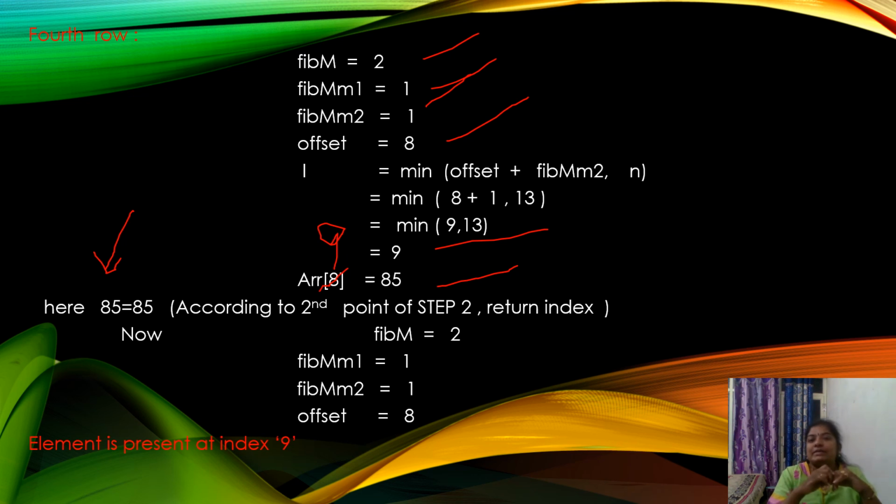Then we find that element at that position, that position is the index, and we return that index. So the corresponding index value is 9. At the 9th position our target element is present. This is the way of searching a particular element in the Fibonacci method. Okay, thank you.